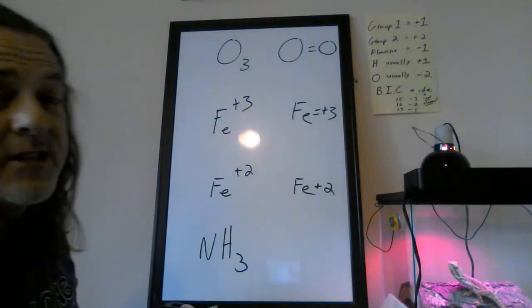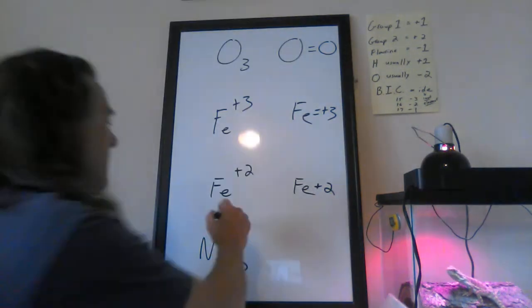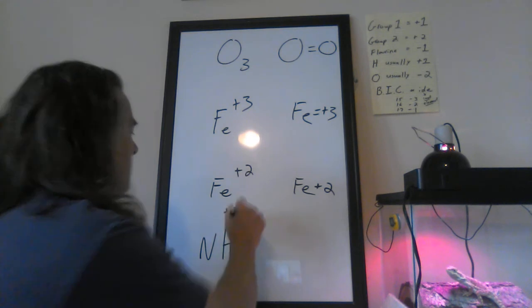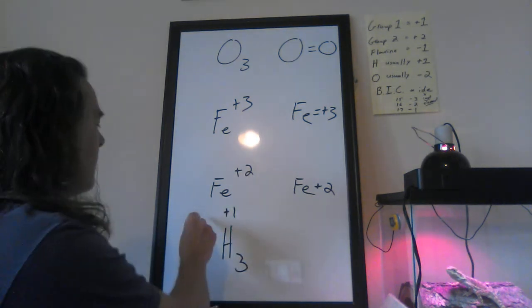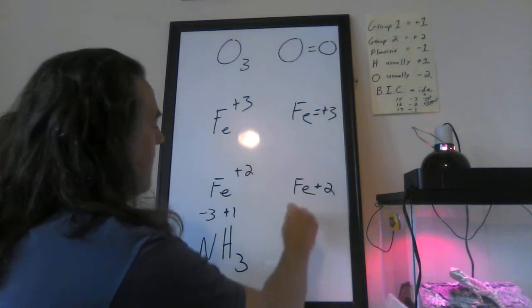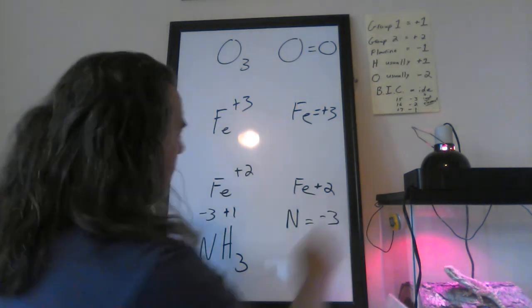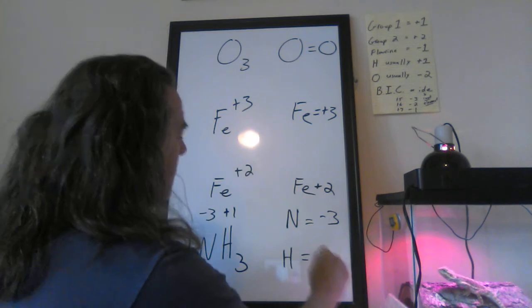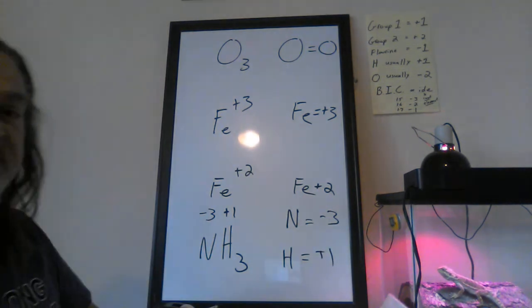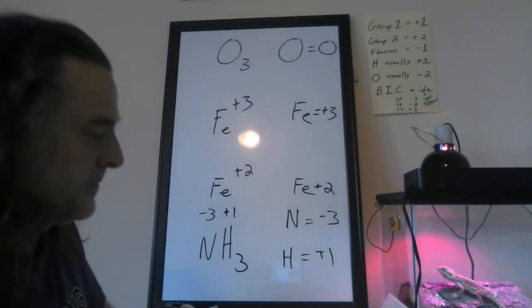This is not the case here. So we have to use the rule for H. I know the second one is usually negative, but in this case, remember, it's positive. That means N here is going to be negative 3. So N equals negative 3. H equals positive 1. Questions for those? Okay, got that?